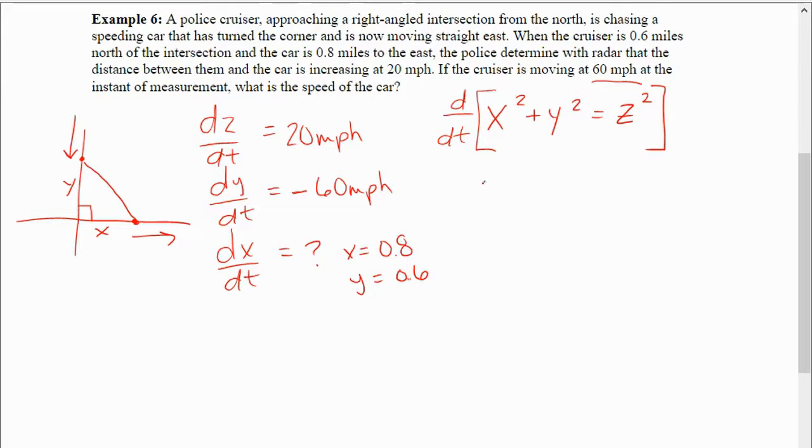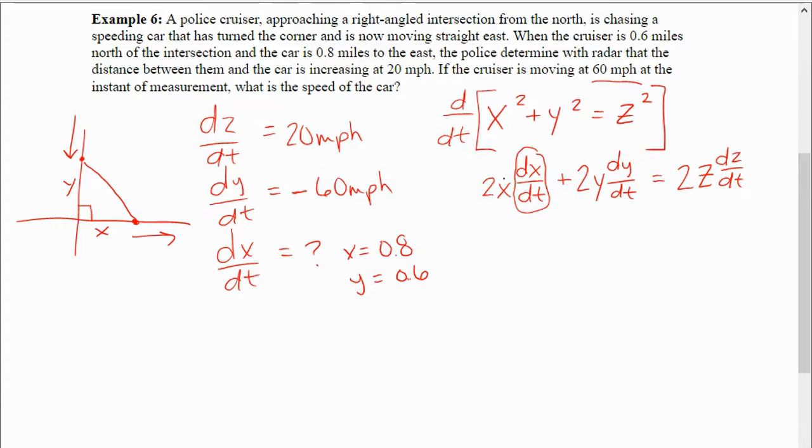So we have 2x dx/dt plus 2y dy/dt is equal to 2z dz/dt. Okay, so let's just take a quick check and make sure we have everything we need to plug it in to find dx/dt. So the one that we're looking for is here.